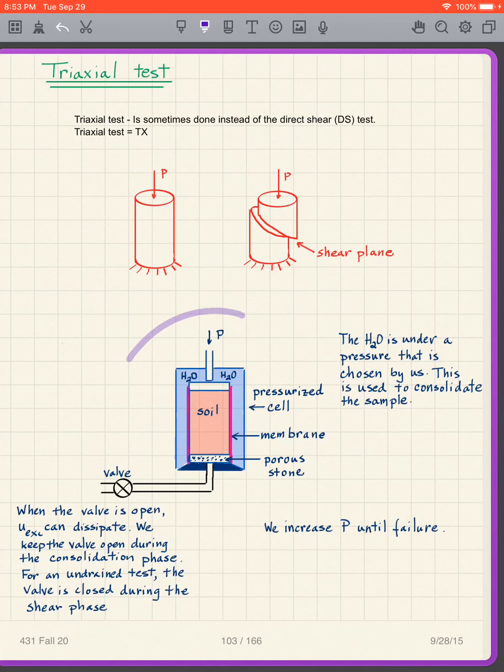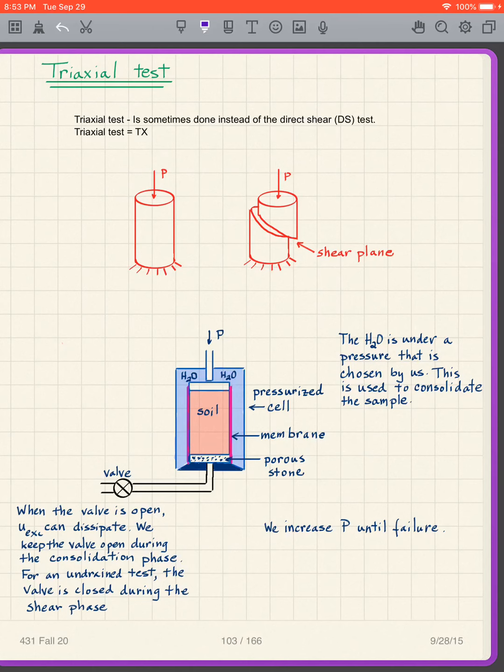In more detail, I've got the test down here, and we have a cell around the soil sample. So here's my cylindrical sample, and the cell around the sample is filled with water, and that water is pressurized.